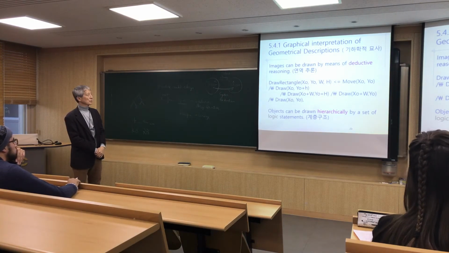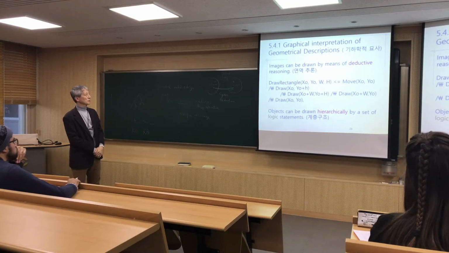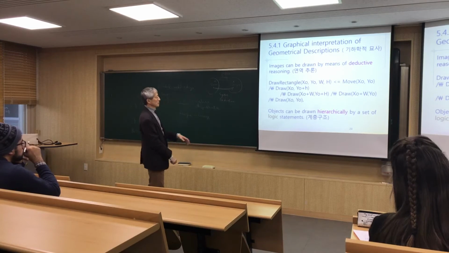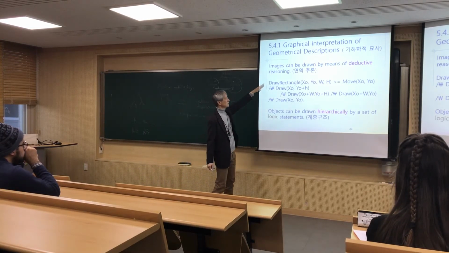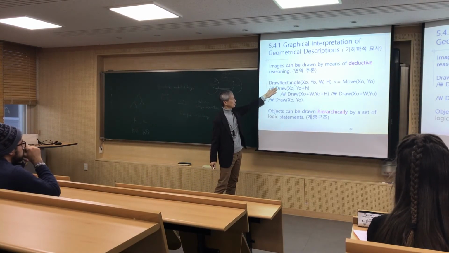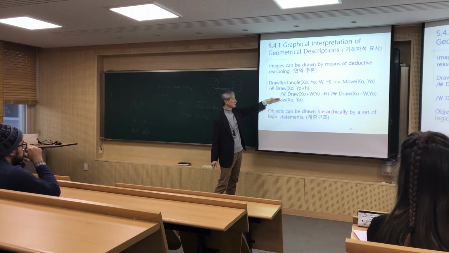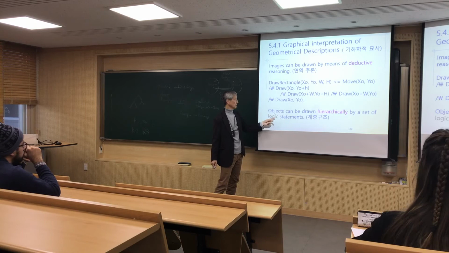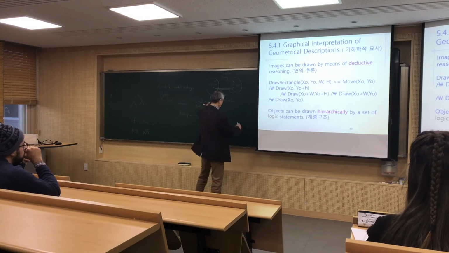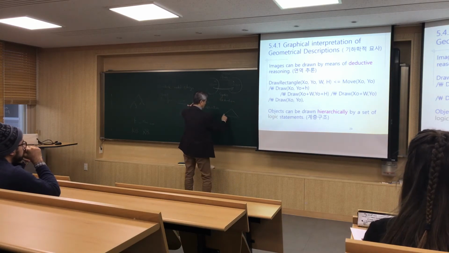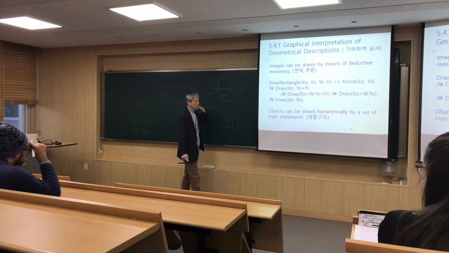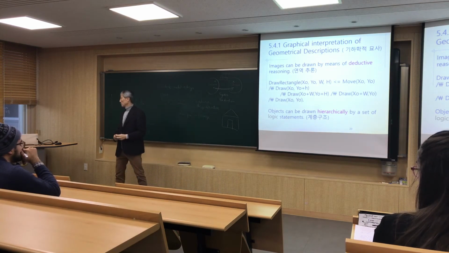Images can be drawn by means of deductive reasoning. So draw a rectangle by using simple movements of draw a line, move, and move. So an object can be drawn hierarchically by a set of logic statements. So the house can be drawn in this way, in hierarchical sets of logic statements.